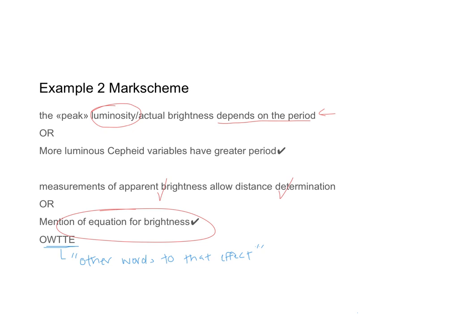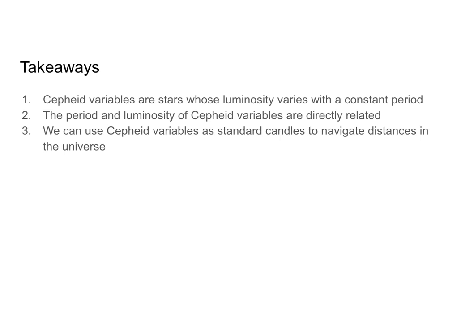If it does, they can choose to give you credit. If a question doesn't have other words to that effect on it, you are expected to have the specific phraseology that is listed in the mark scheme. And if you don't, it's wrong, even if you're on the right track. So please make sure you are very careful with things like definitions to make sure you have the exact right language. So with that, let's talk takeaways.